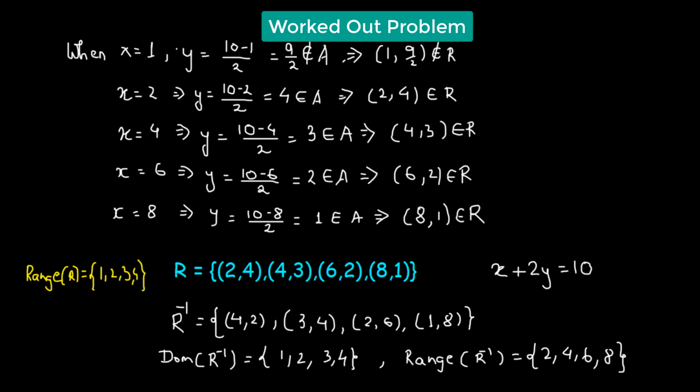So we see that the range of R is exactly equal to the domain of the inverse relation. Then we find the domain of R, which will be the first elements in the ordered pairs. So that will be 2, 4, 6 and 8. And this is exactly equal to the range of the inverse relation.